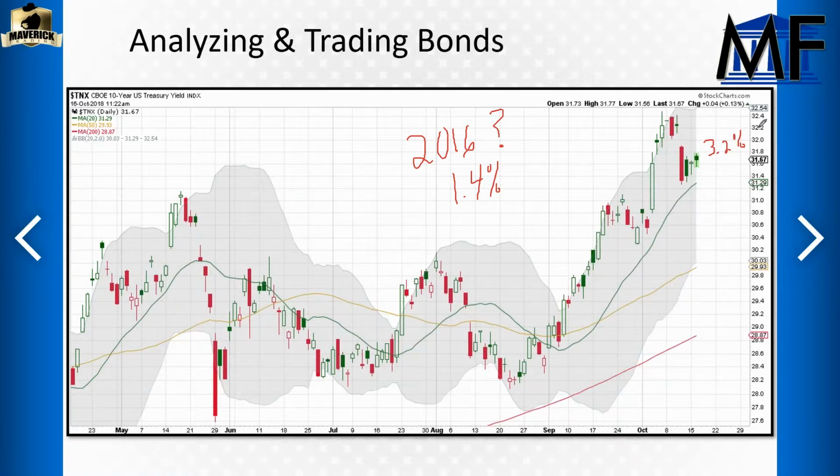And the question the market is concerned about is how high are they going over what period of time? If rates are going up for the right reasons, like the economy's chugging along and it can handle it, and it's more normalization, because paying 1.4% is not normal. But 3.2, is it going to 4? Is it going to 4.5? Is it going to do that in a hurry?